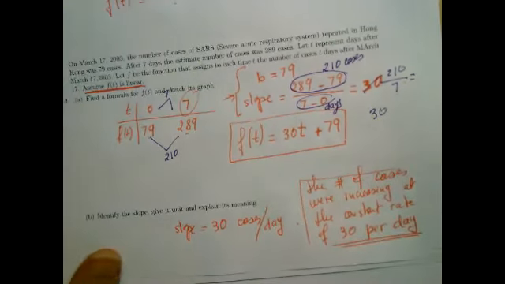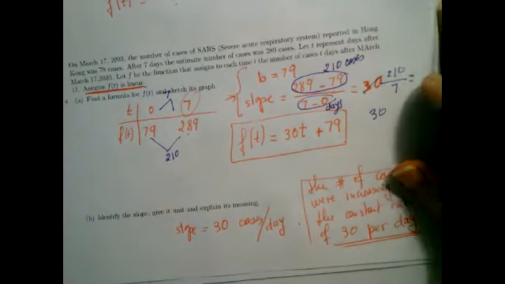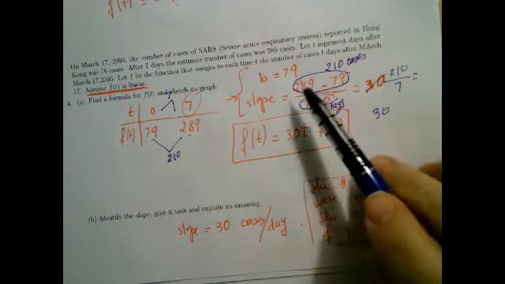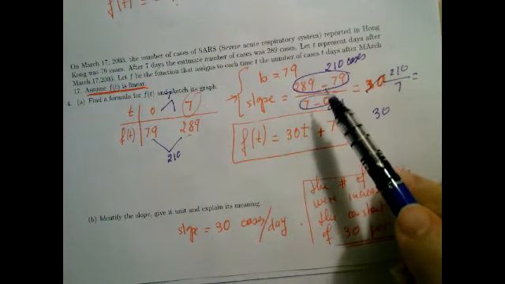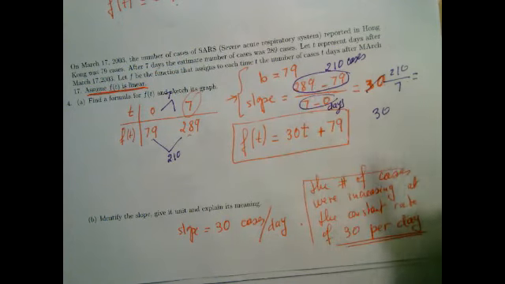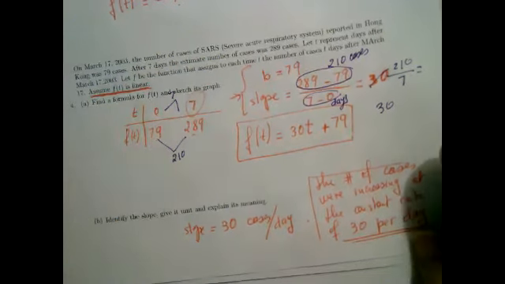Every day they increase by that. The slope really tells me how the output changes per unit of input. Linearity tells me it's the same rate, and the slope gives a meaning for this rate.